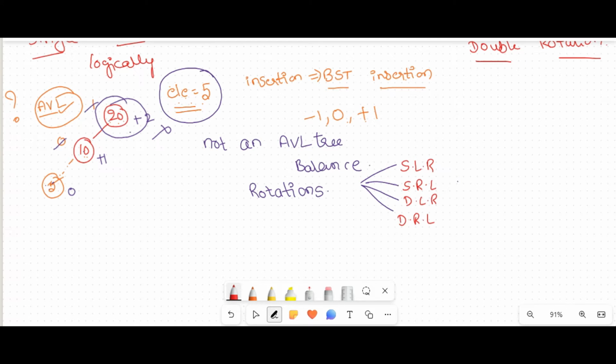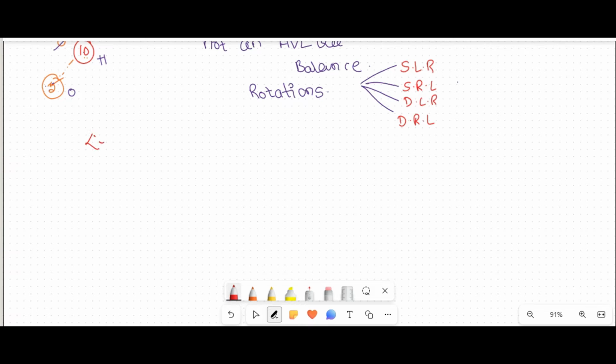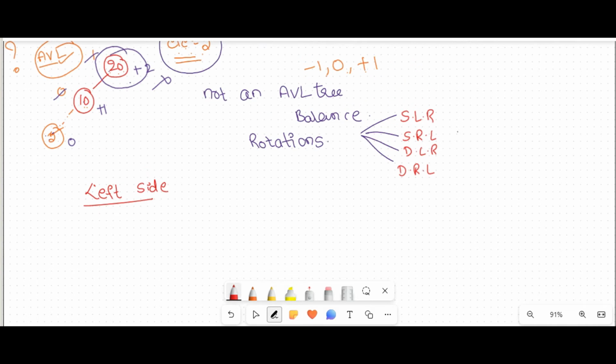Now listen very carefully. Which rotation do we have to apply? I am giving you a trick. See here, the new node you have inserted is on the left side.